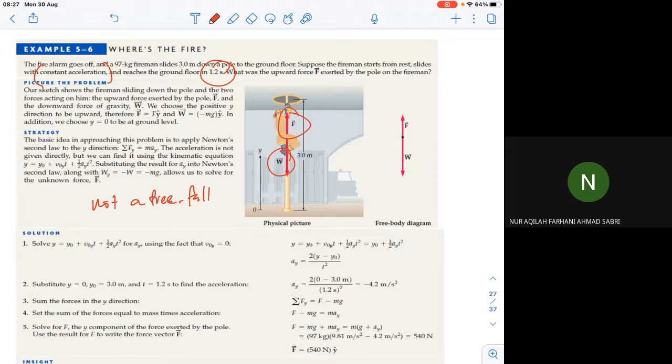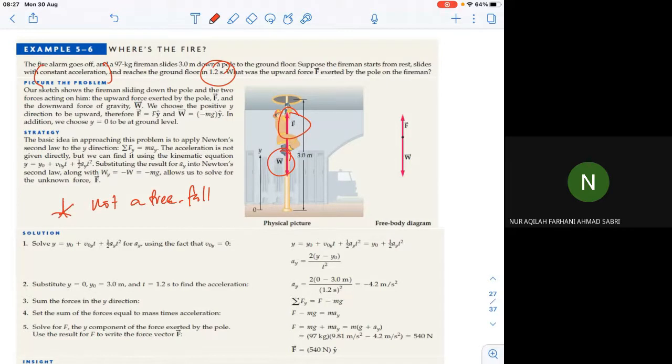That is why this is not a free fall, so we need to measure the acceleration. Although it is stated in the question that the acceleration is constant, constant acceleration doesn't mean there is no acceleration. Of course, there will be some acceleration when the fireman moves.